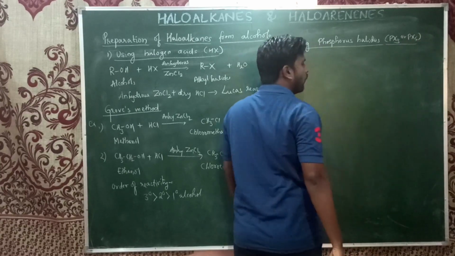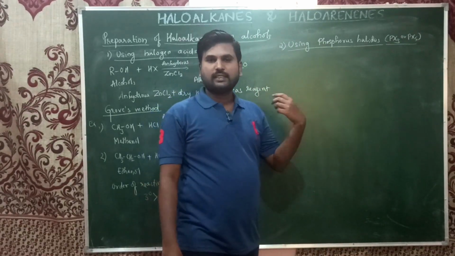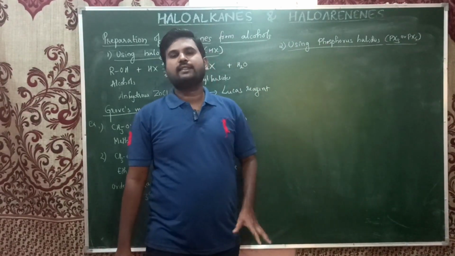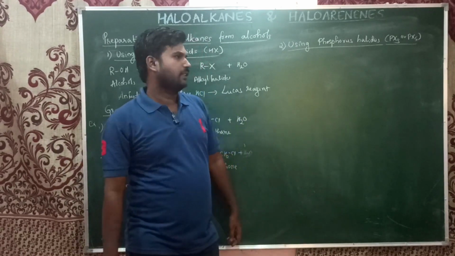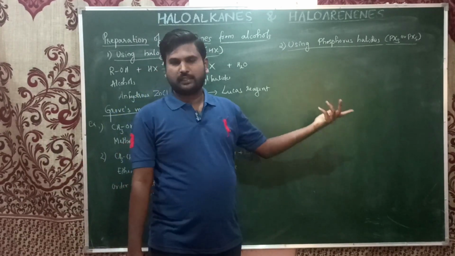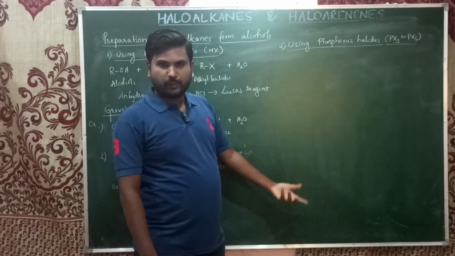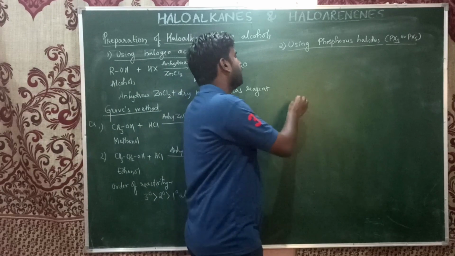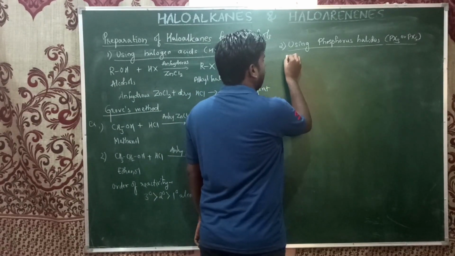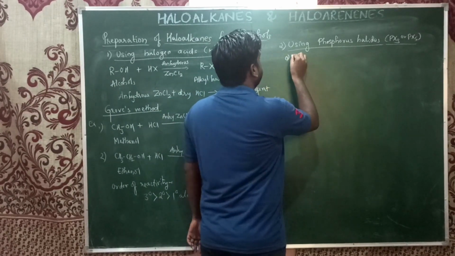These two are very common. Let us first see the phosphorus trihalides and then phosphorus pentahalides. Phosphorus trichloride and phosphorus pentachloride are more common, and we can also have the tribromides. We'll see it.